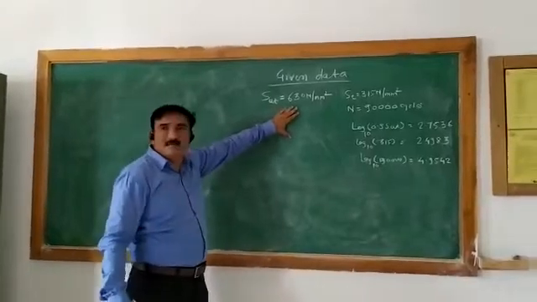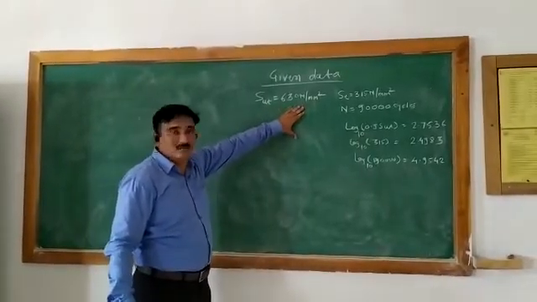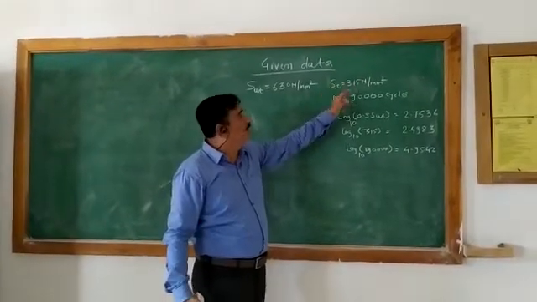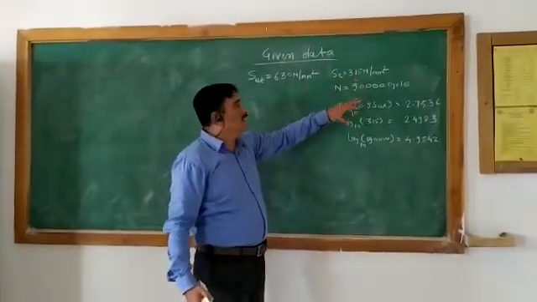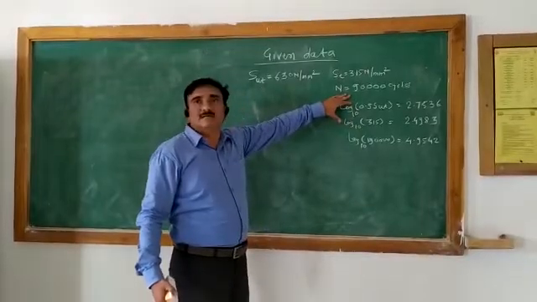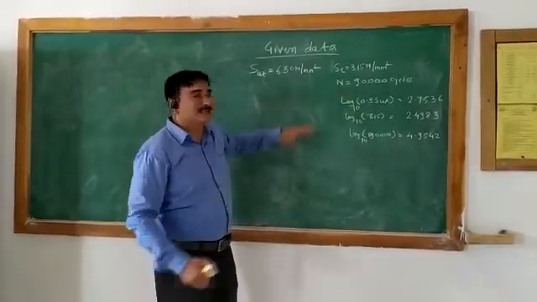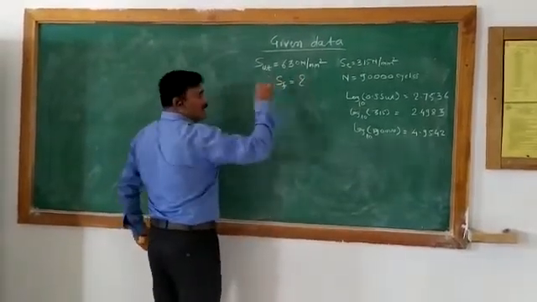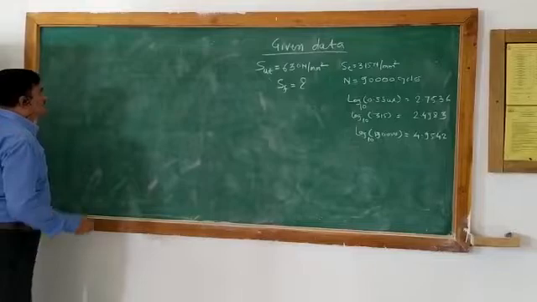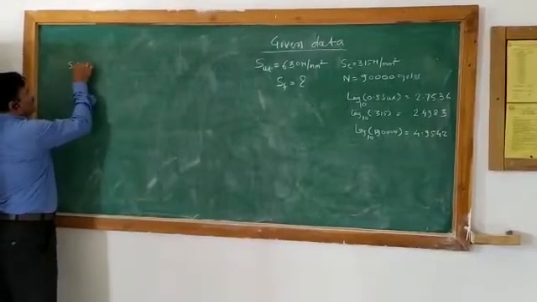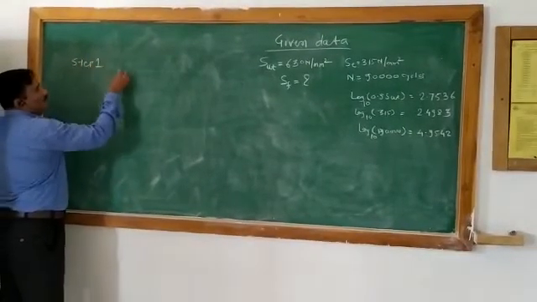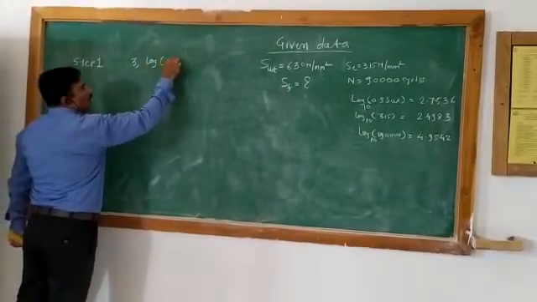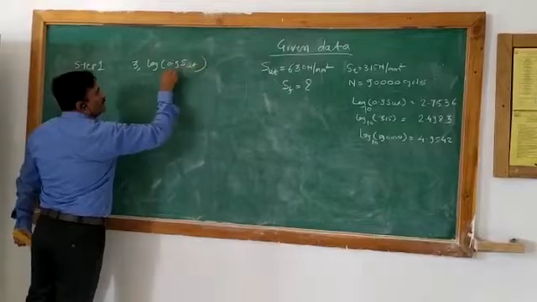They have given the ultimate tensile strength of the component as 630 Newton per millimeter square. They have given the corrected endurance limit value as 315 Newton per millimeter square, and N is 90,000 cycles. So we need to calculate the fatigue strength, that is SF. They have asked for the value of SF. Now, as we have already discussed, what is step 1? In step 1, we need to take (3, log of 0.9 SUT to the base 10).